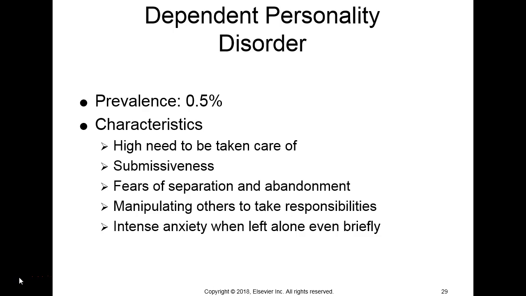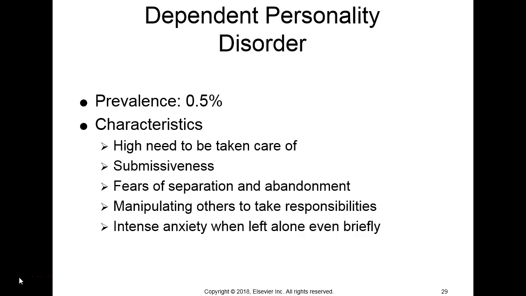So if you look at the first couple of bullet points on this slide, that need to be taken care of, being submissive to other people, fear of separation and abandonment, I wonder if anybody is thinking that this personality disorder might be something that people who are abused actually can have.